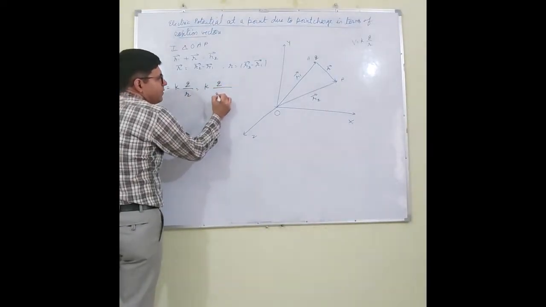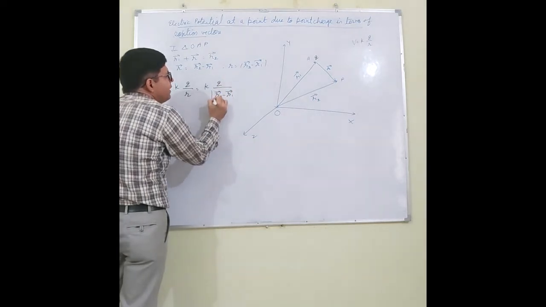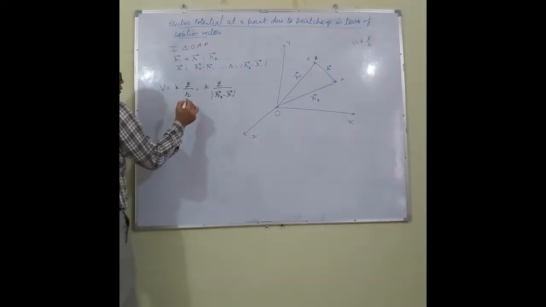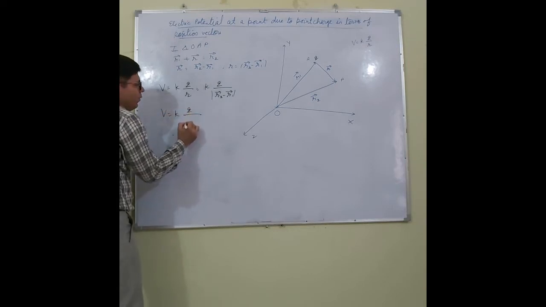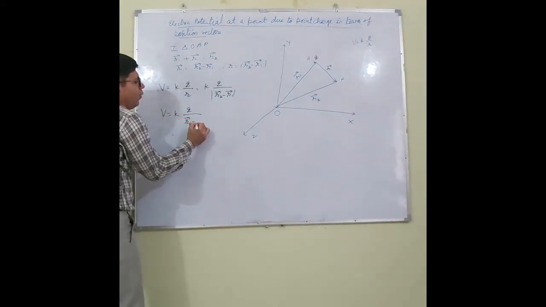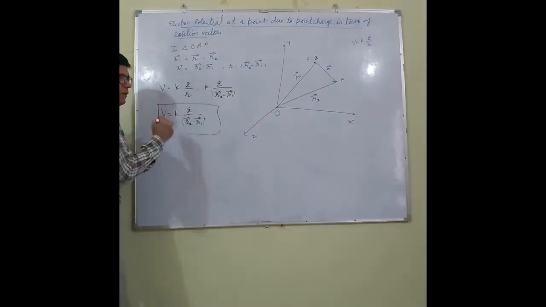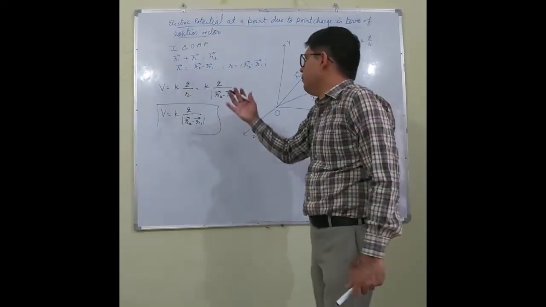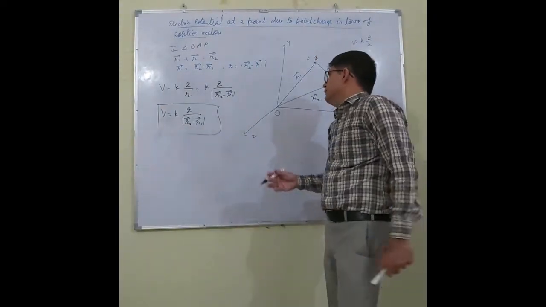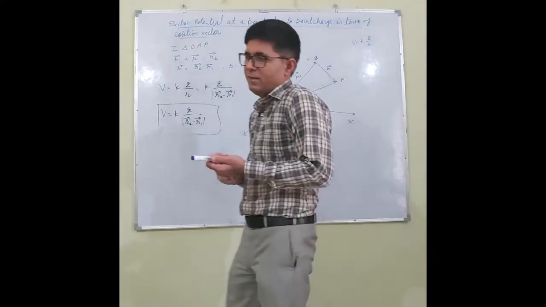R is the magnitude of vector R2 minus R1. So V equals K Q divided by the magnitude of R2 minus R1. This is the electric potential at a point due to a point charge in terms of the position vector.